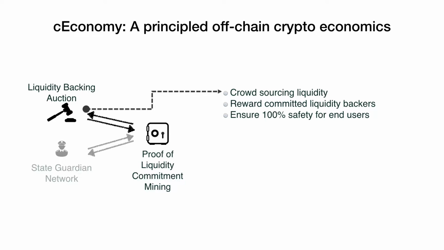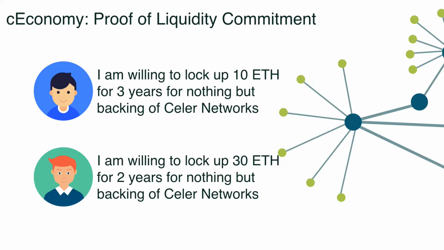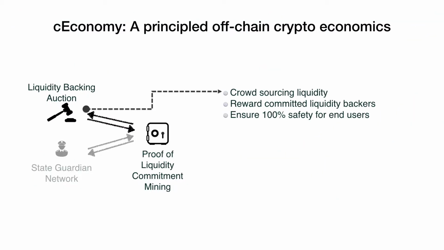It lets the off-chain service provider borrow liquidity from the crowd with relatively low overhead, and in the same process it also rewards the previously committed liquidity backers and still ensures 100% safety of the funds for the end users.